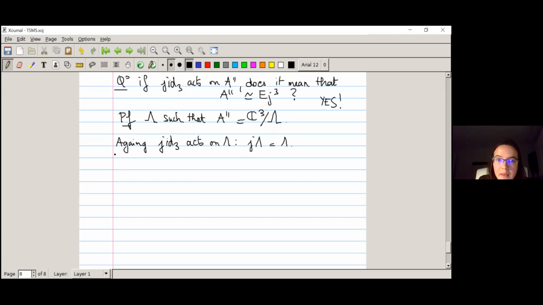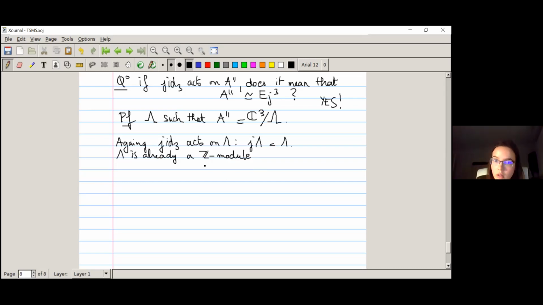And now what does that mean? Lambda is already a Z module, because it's an abelian group, it's a lattice, so it's Z to the power 2n. It's isomorphic to this. It's something where if you sum, you stay inside.